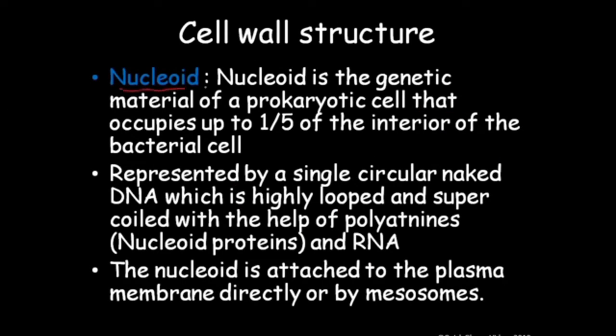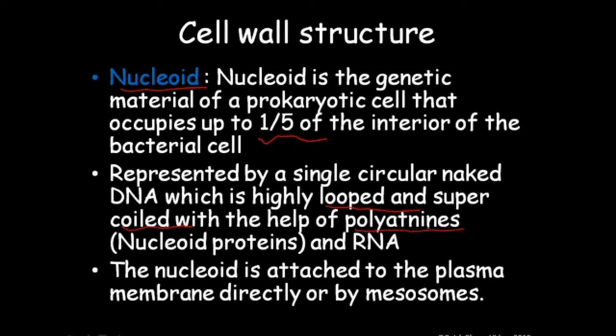Nucleoid. Nucleoid is the genetic material of the prokaryotic cell that occupies around 1/5 of the interior of the bacterial cell. It's a highly coiled structure, as you saw in the picture, represented by a single circular naked DNA which is highly looped and supercoiled with the help of polyamines, nuclear proteins and RNA.